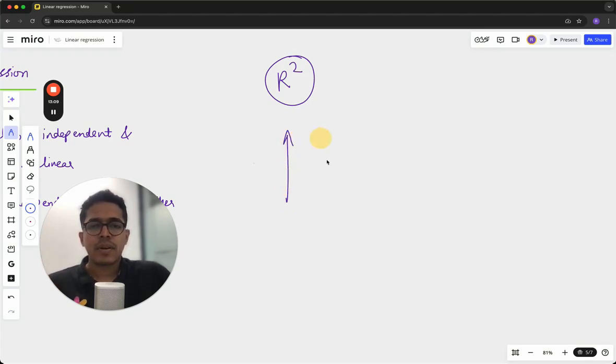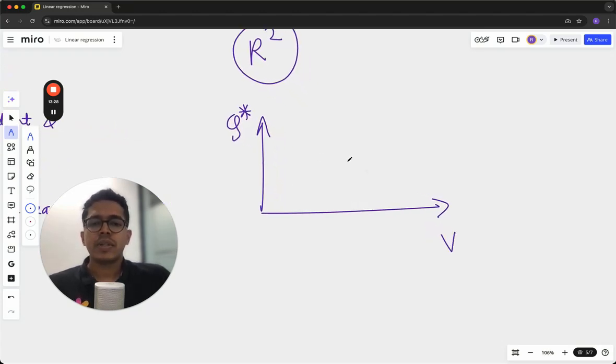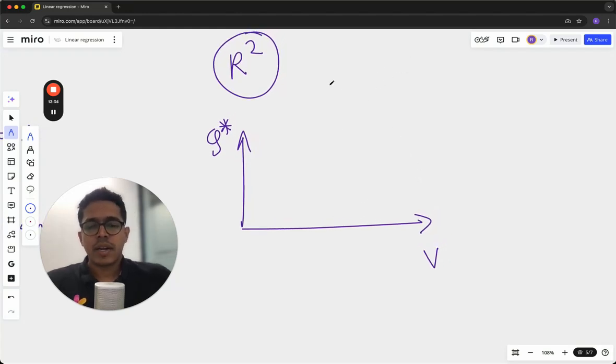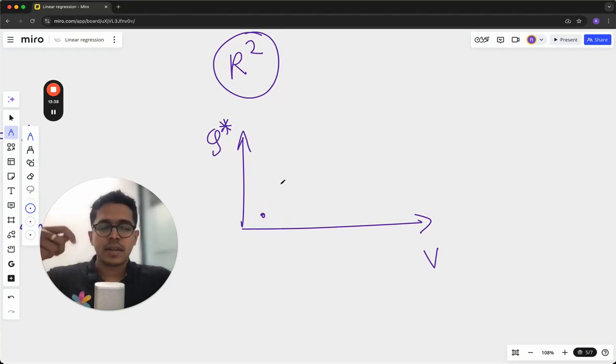So for example, when I was working on my research papers, I had a particular data set which was some sort of non-dimensional charge, Q star, on the y-axis. So some non-dimensional charge as a function of voltage. And I wanted to show that there exists a linear relationship between the charge and voltage. So what I did was I plotted these numbers for different particles.